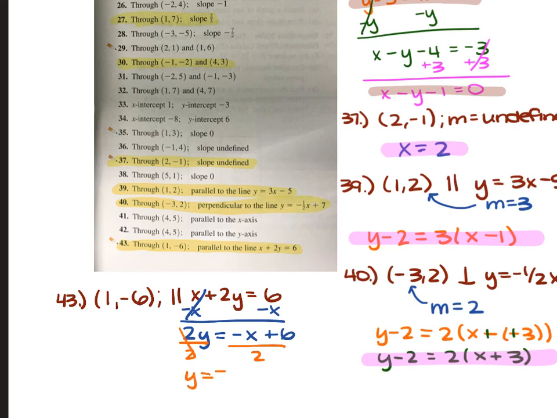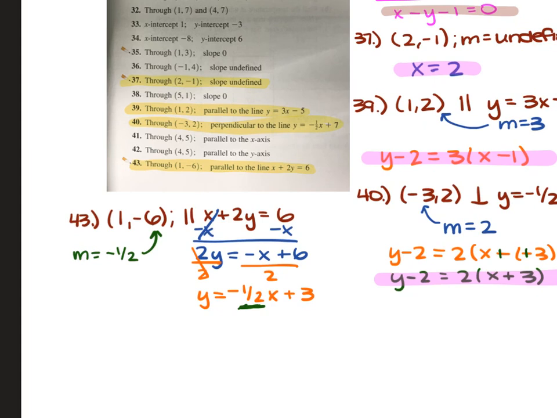So y is equal to negative 1/2 x plus 3. Our slope is going to stay the same as this since it's parallel. So our slope is going to be negative 1/2 with the ordered pair 1, negative 6. So this is going to give us y minus negative 6 is equal to negative 1/2 times x minus 1.